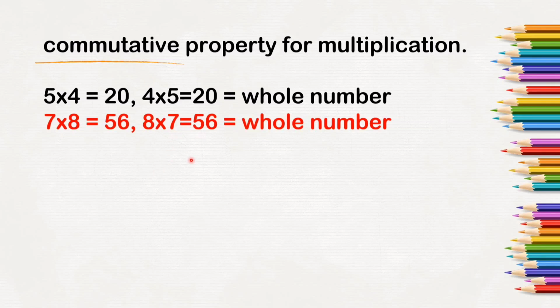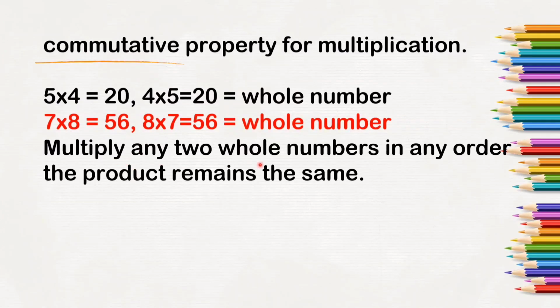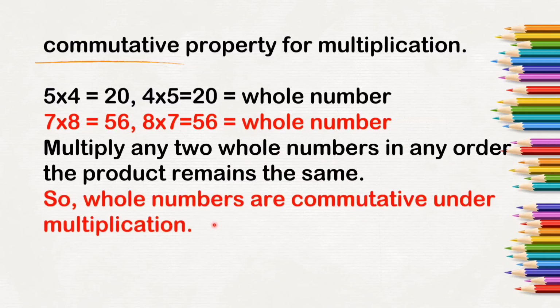If the product remains the same, it comes under commutative property. So, multiply any two whole numbers in any order, the product remains the same. Therefore, whole numbers are commutative under multiplication.